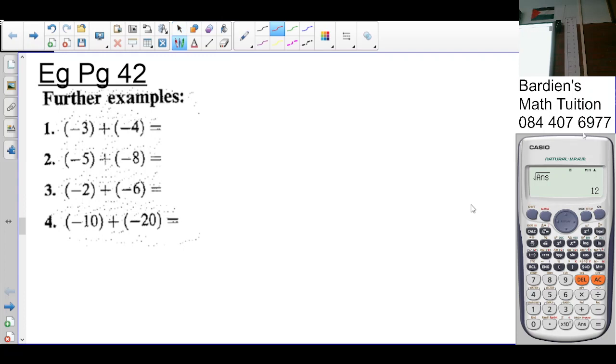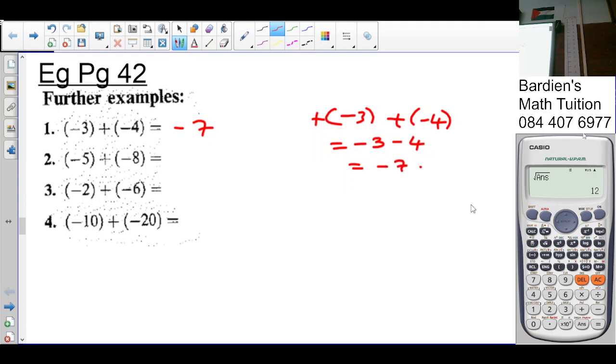What's negative 3 plus negative 4? Negative 7. You all agree with that? If there's no sign, it's positive. What's positive times negative? Negative. So negative 3 minus 4 is negative 7.